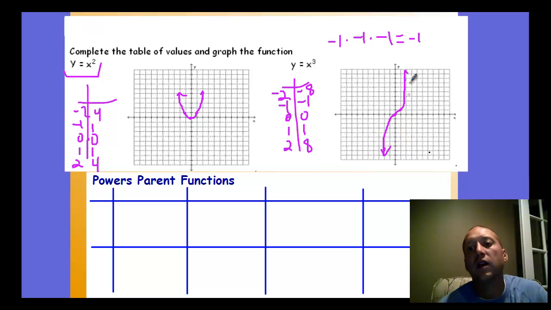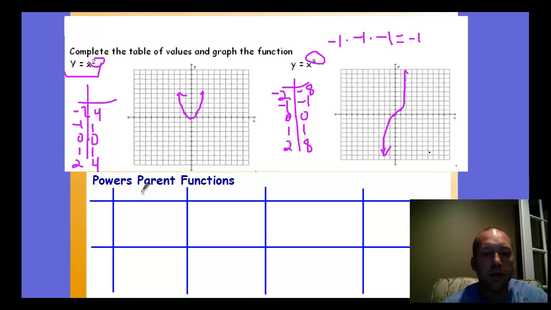People will call it like an S-type shape. I've heard disco shape. But this is the cubic shape, the cubic function is what that would be. So we have different functions within the polynomials, and they go by the powers. So here is x squared, here is x cubed. So the family of function, you should have an idea of what the shape looks like.